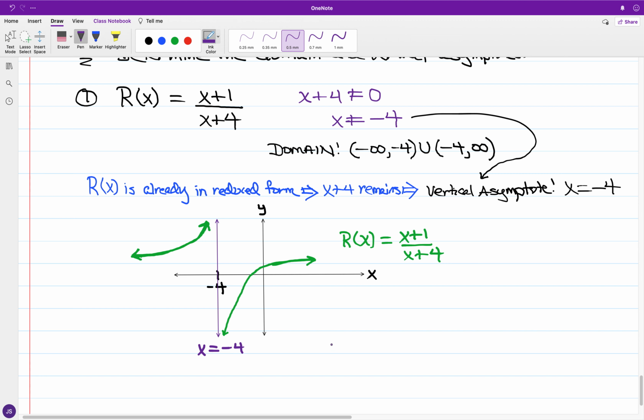So I'm just going to mention r of x never comes into contact, it doesn't cross, it doesn't touch. So r of x never comes into contact with any vertical asymptote.